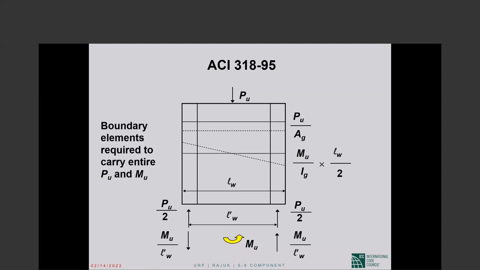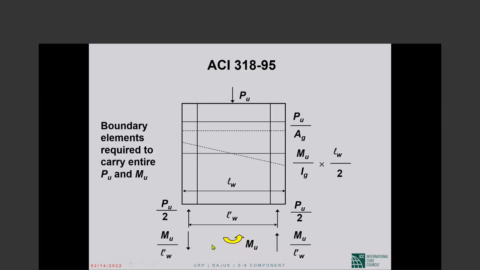It is not the weight of the shear wall. It is all the load that is being dumped onto the shear wall by the floor slabs that are supported by the shear wall. We take the P sub U, divide by the gross cross-sectional area of the section. That gives us a uniform compression of P sub U over A sub G across the shear wall section.